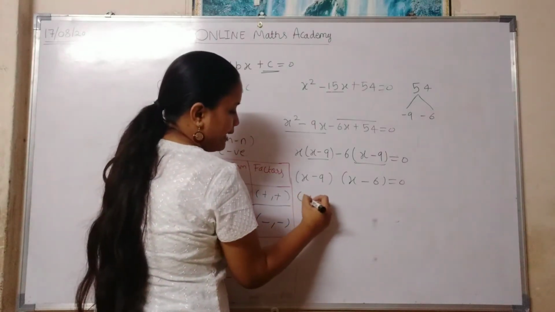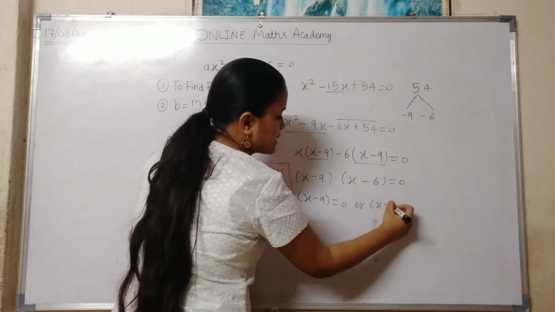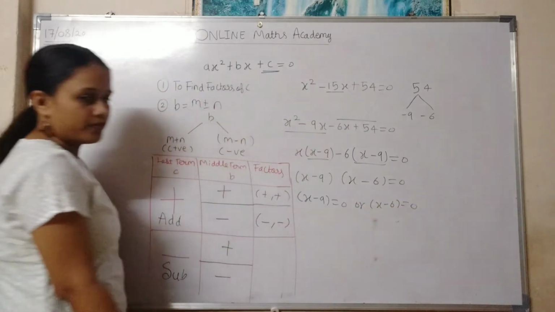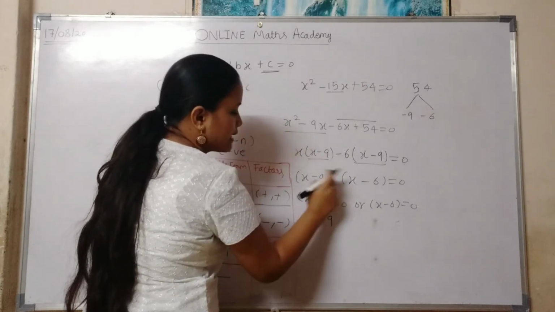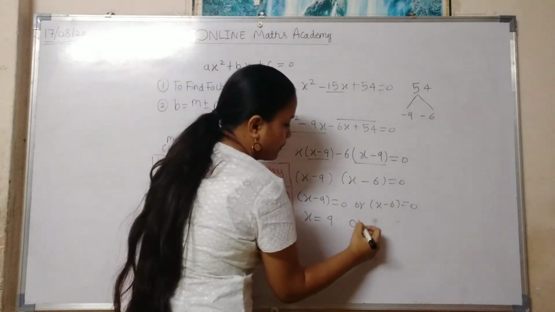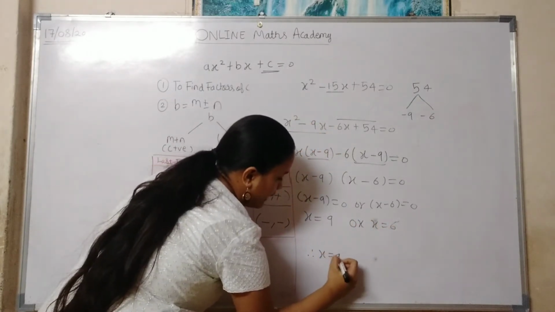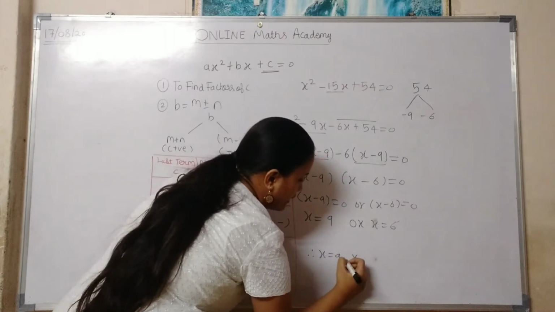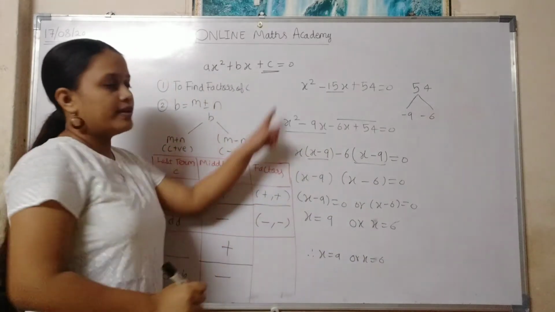Therefore I can write x minus 9 equal to 0 or x minus 6 equal to 0. That is x equal to 9, minus 9, then we shift, sign will change, or x equal to 6. Therefore x equal to 9 or x equal to 6 is the solution of given equation.